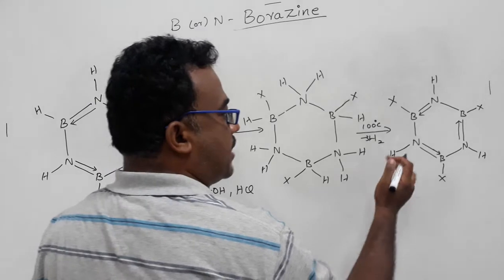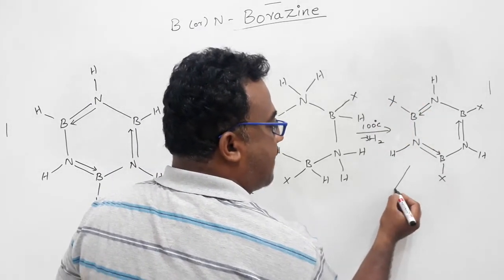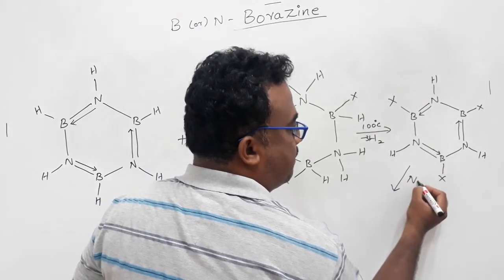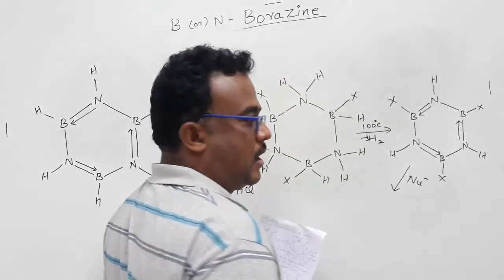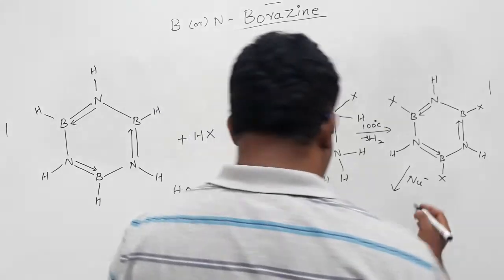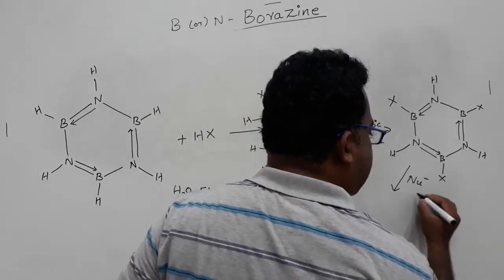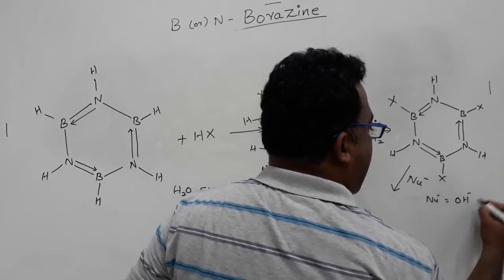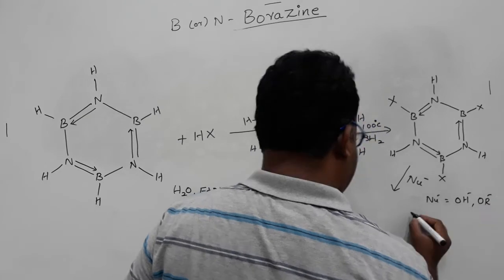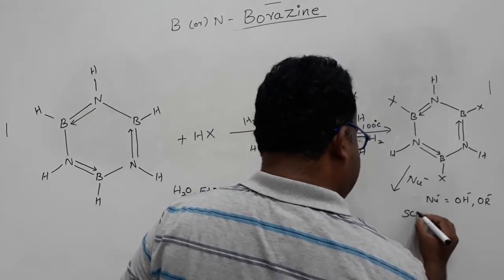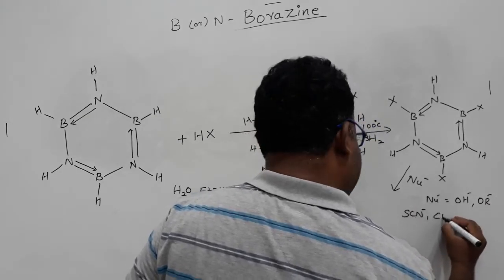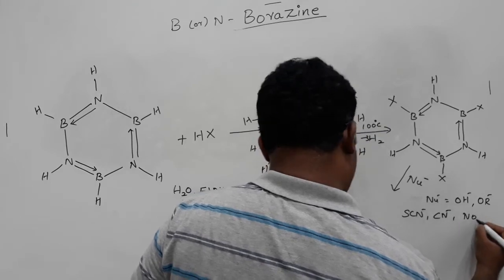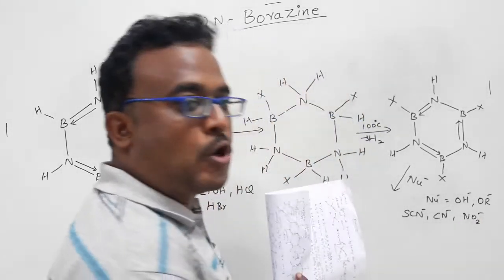Okay, this one, if you react with any kind of nucleophile, for example Nu minus, you can take an example of hydroxide, alkoxide, or even thiocyanate, cyanide or nitrate. Any kind of nucleophile you can use.